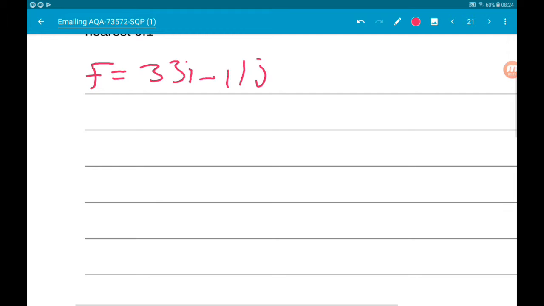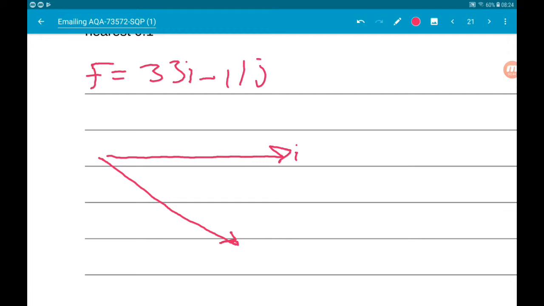If we make a sketch, then horizontal is like that. Now, our force vector is going 33 units to the right and 11 down. So our vector roughly looks something like this.